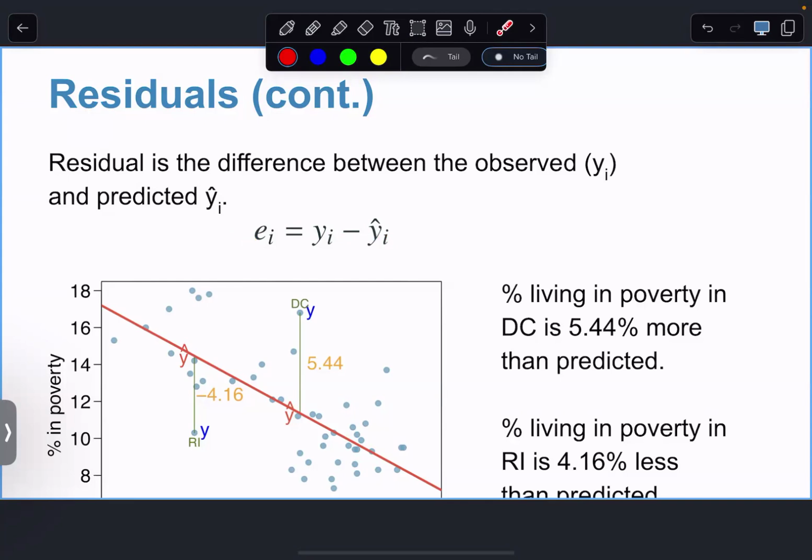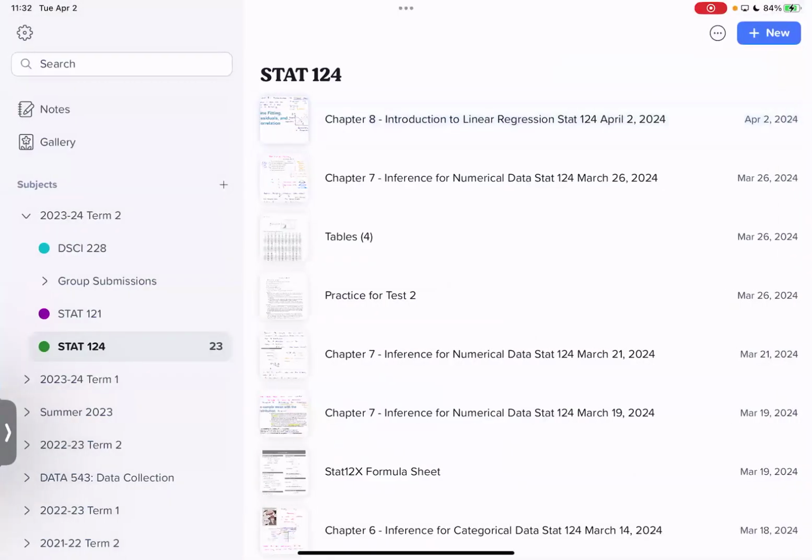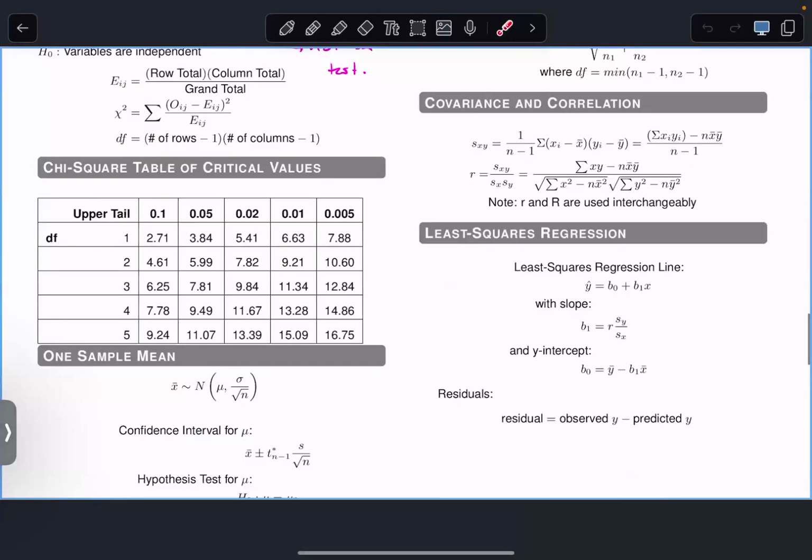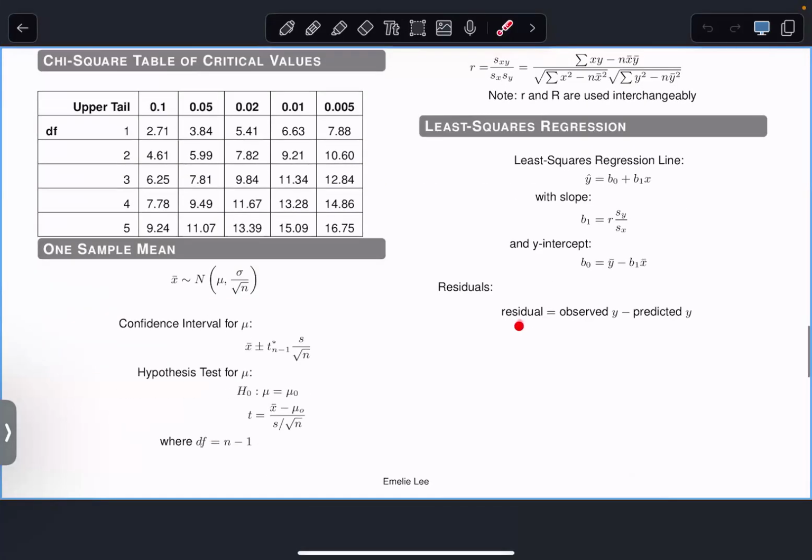This is on your formula sheet. And if you don't have one, just because we're introducing a new section, I did bring some. Come grab it or play it cool, whatever. I snuck it in at the very end of your formula sheet, which is very exciting because this was a pretty overwhelming formula sheet.